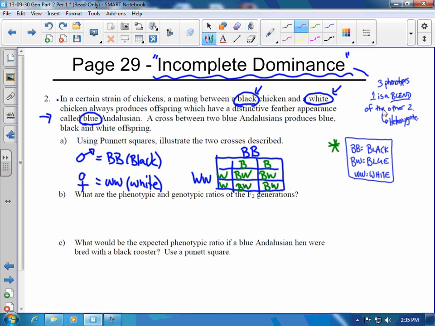When I look at this, I compare what we have inside the offspring boxes with what we have as the legend, and I find that since all four, or 100%, of my F1 offspring are BW, they will all be, check up there, blue. All blue.